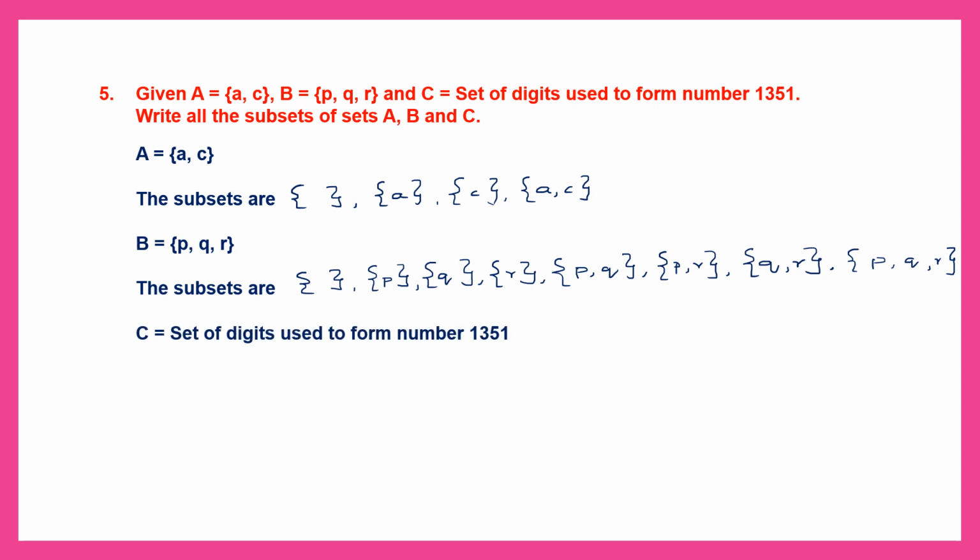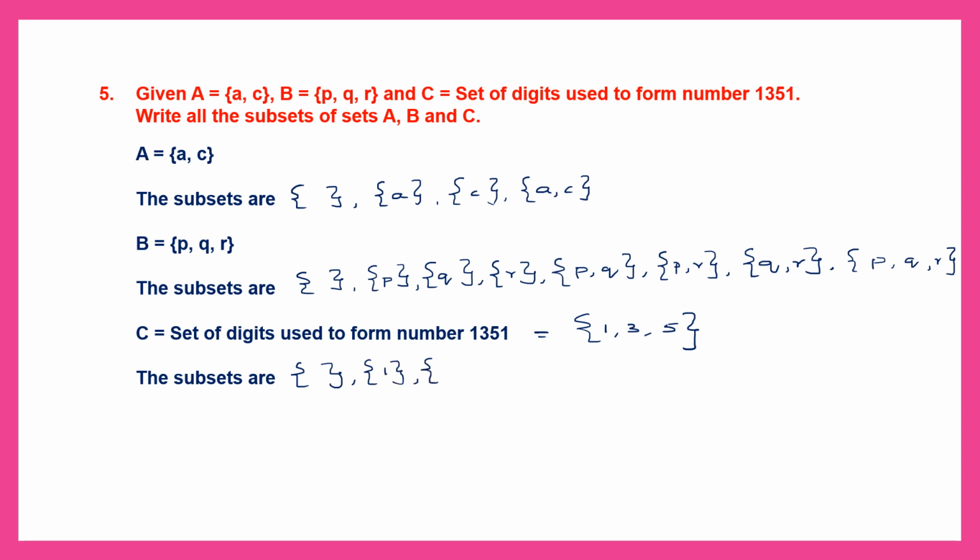Now set C is the set of digits used to form the number 1351. That means what is this set? This set will be 1, 3, 5 and 1. All the digits used to form that. Remember, we should not repeat elements. So here we have 1 which we will not repeat. So what are the elements of set C? 1, 3 and 5. Now the subsets are, again start with an empty set. Then let's take the first one, that is 1.